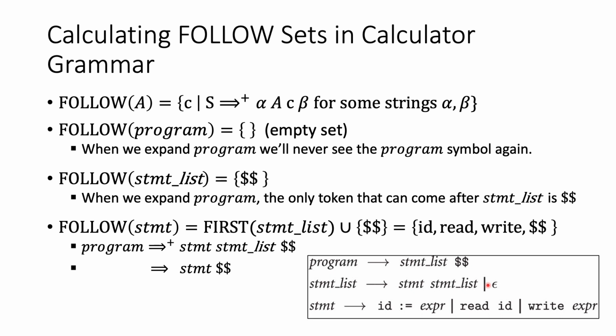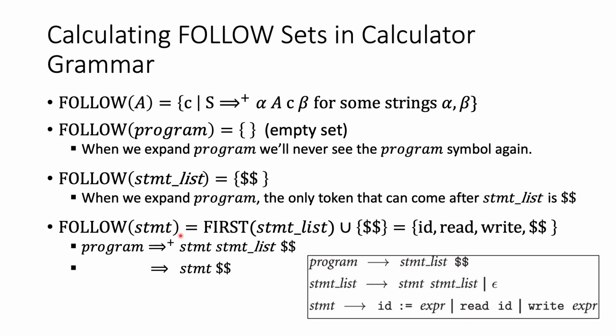So the tokens that can appear after ST empty in this expansion are those in the first of ST empty list, in addition to the end marker, because here the end marker appears after ST empty when we expand the program, and everything that can come at the first of the expansion for ST empty list will also come after ST empty in this expansion.